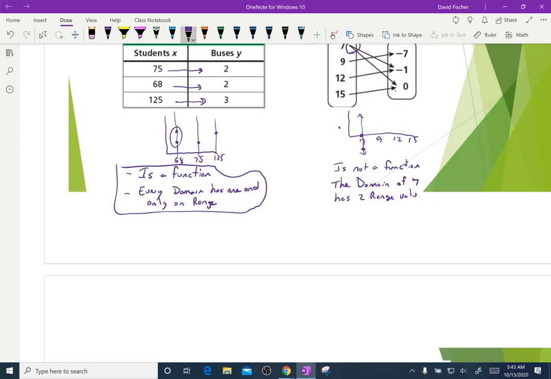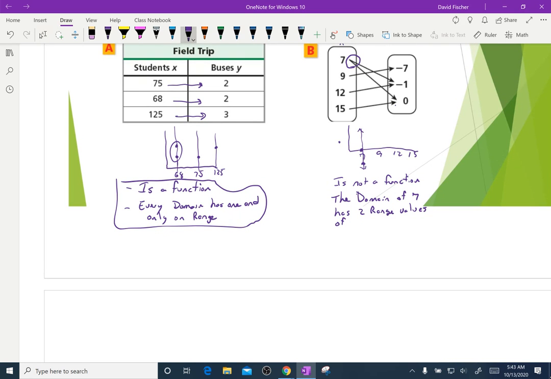I want to say range values of, what were my 2 range values? -1 and 0. You need to list them. Just don't say it has more than one range value. Okay, you're in high school now, so list them. It has range values of -1 and 0.